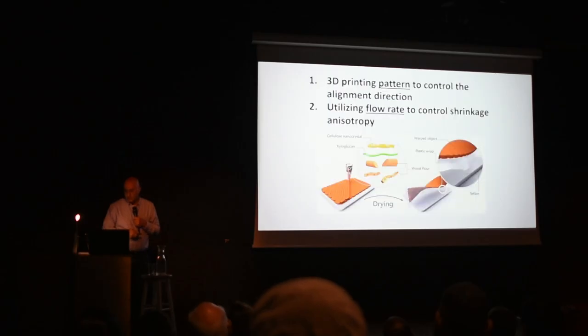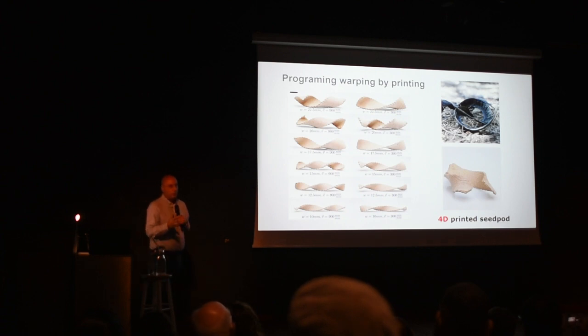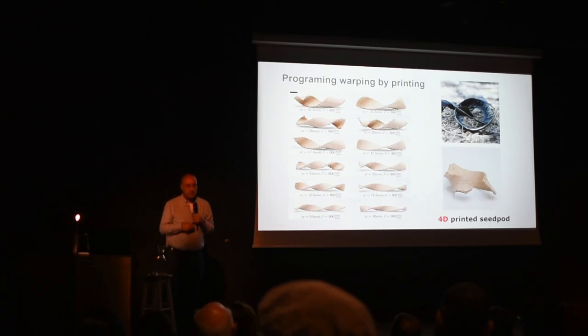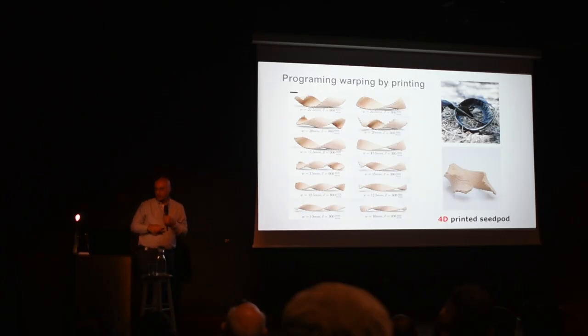And here I'm going to show only a few examples of how you can tailor how the wood will transform to which structure. Here you see helices, you see the pitch that we can control simply by making a specific design of the printed wood.